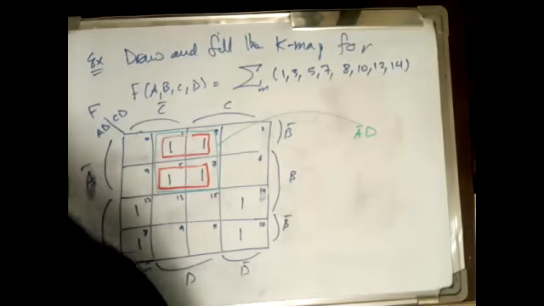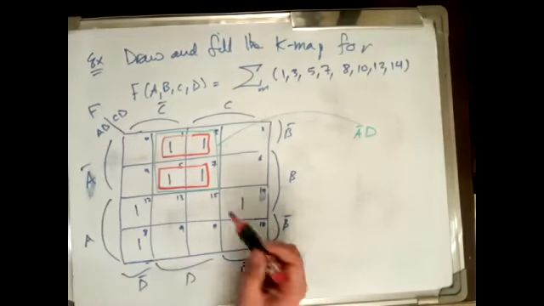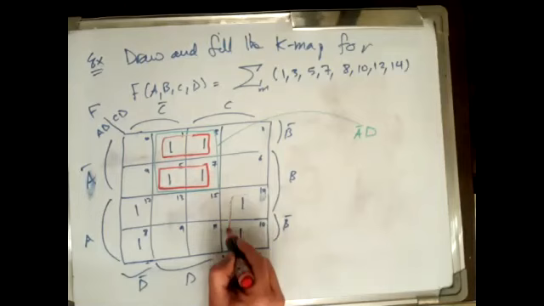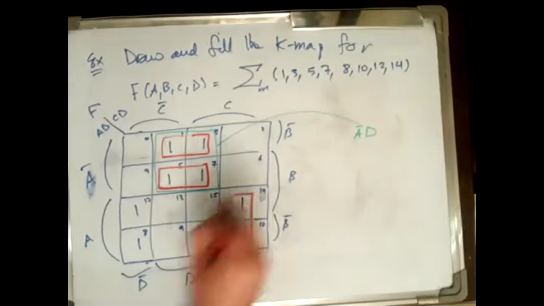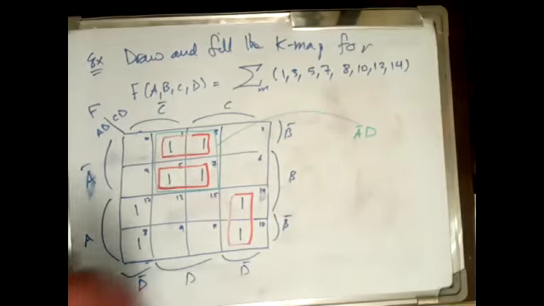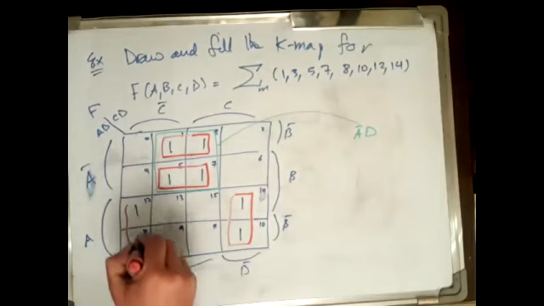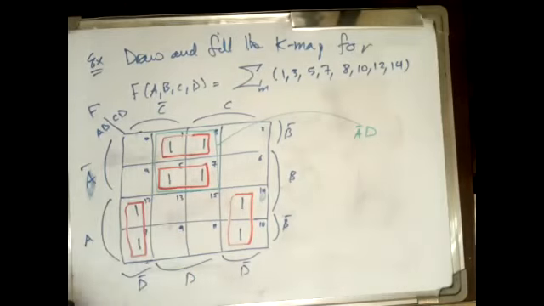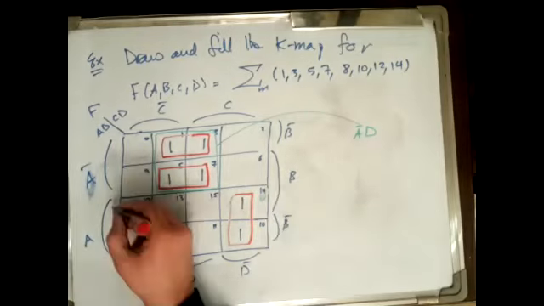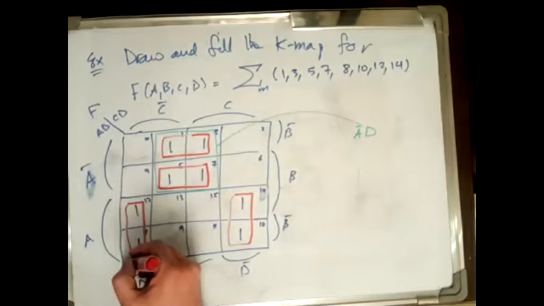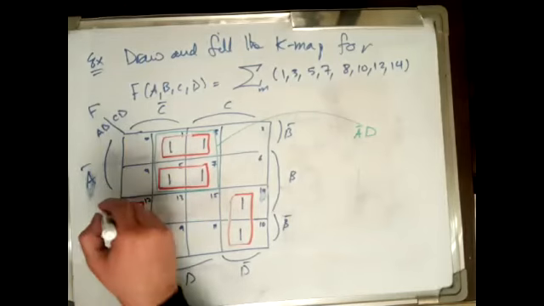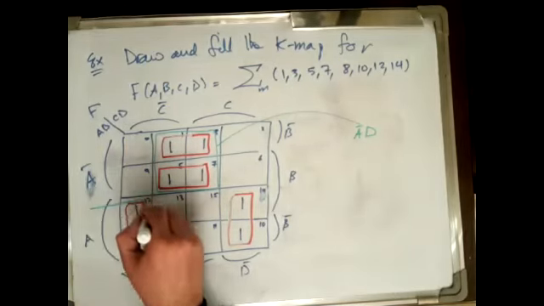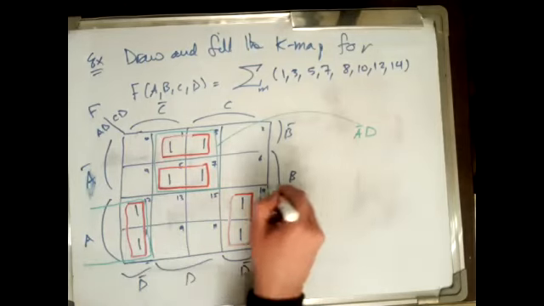The same thing here. This one is adjacent to this one, so we can combine them into one rectangle. This one is adjacent to this one, so we can combine them into one rectangle. And similar to the case of the three variable K-map, this side is basically the same as this side, so we can combine these two rectangles into a bigger rectangle.